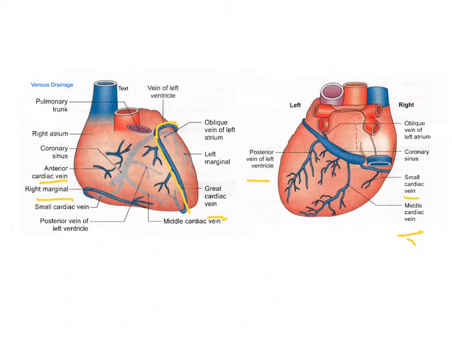It winds in the coronary sulcus, comes to the posterior side, and ends in the left end of the coronary sinus. So this is about the great cardiac vein.